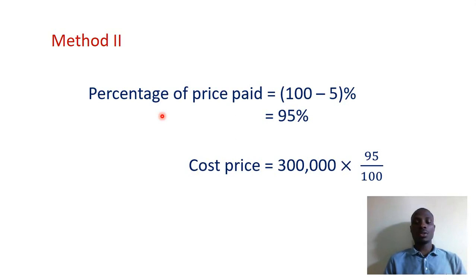That gives you 285,000 shillings, which is the same result as that we got using method 1. Let's look at another example.